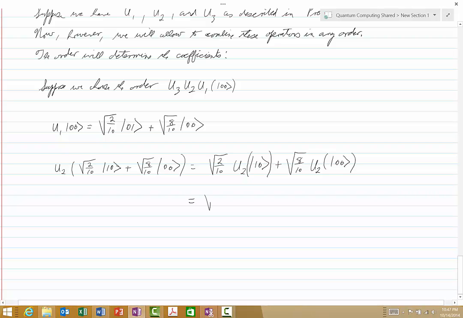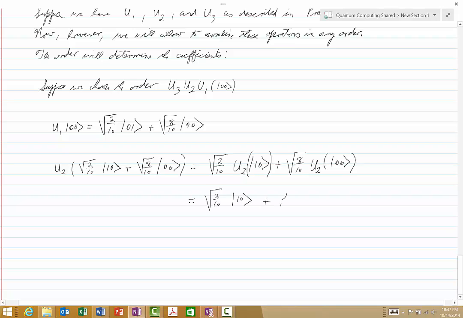So we get square root of 2/10 times 1, 0 here. And then out of the rest of this, remember U2 of 0, 0 is going to give us something times 0, 0.